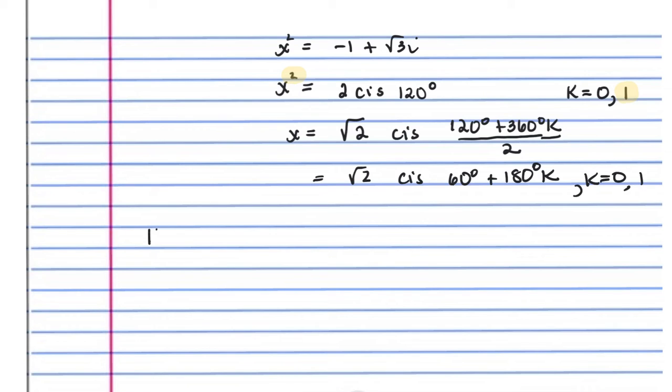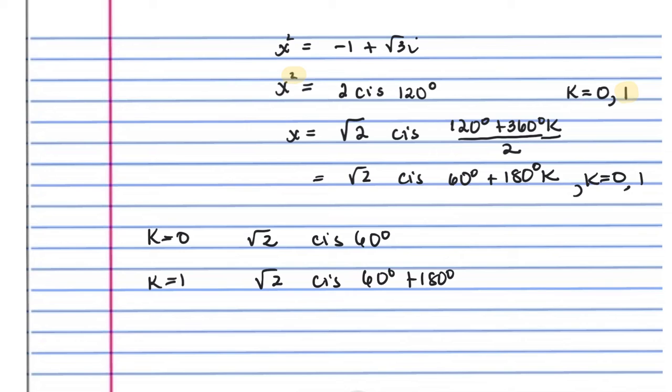So let's take a look at when k is 0. So k equal to 0, we get the square root of 2 cis 60 degrees, because 180 times 0 is just 0, so we'll get rid of that. And then when k is equal to 1, we get root 2 cis 60 degrees plus 180 degrees times 1, which is just the same as 180.